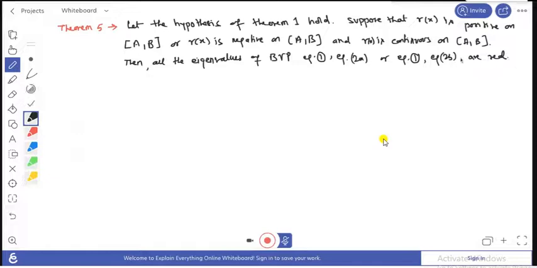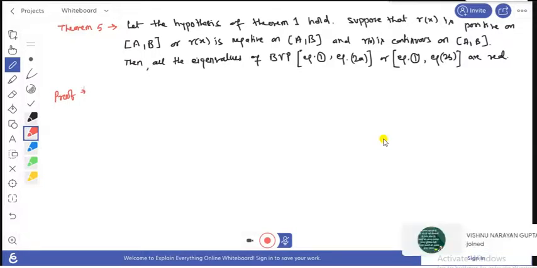So this boundary value problem always has real eigenvalues. Proof: let us start by assuming our eigenvalues are not real.